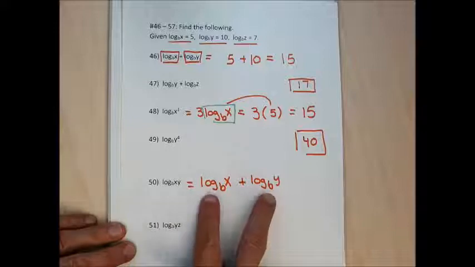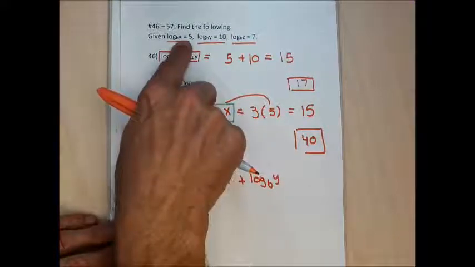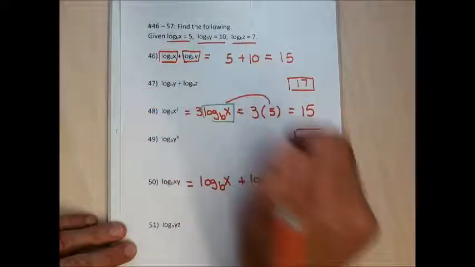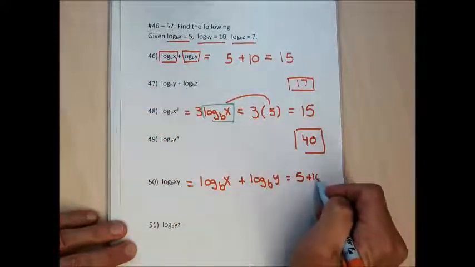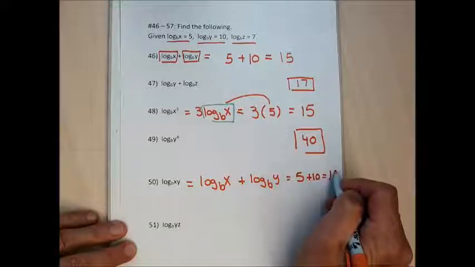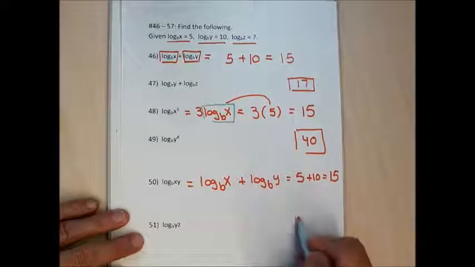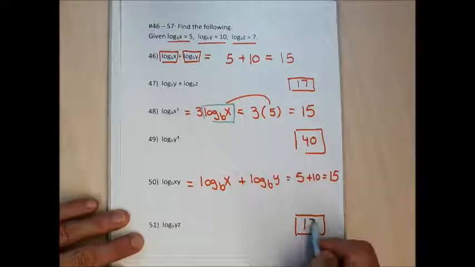And now I could actually evaluate this, because in place of the log base b of x, I can plug the number 5, and in place of the log base b of y, I can plug the number 10. The answer to problem 50 is 15. Your problem 51, when you go to do it, you should get an answer of 17.